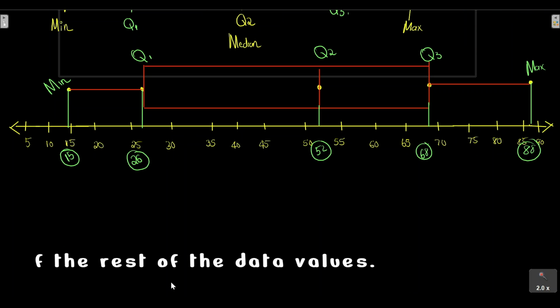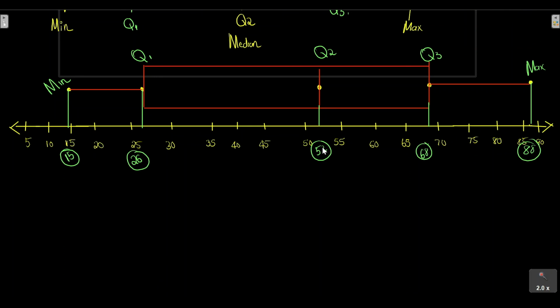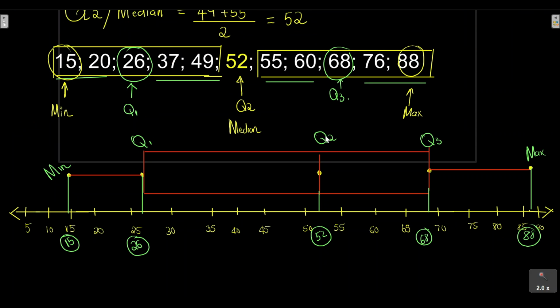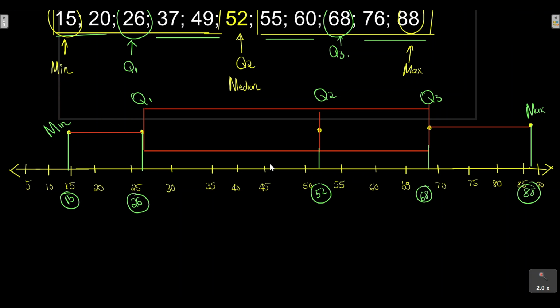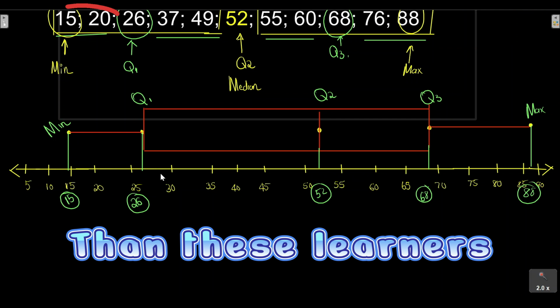For example, let's focus on a learner that got 26. There was a learner that obtained 26 for their maths lit test. This 26 shows that this learner got 25% more than the other learners.